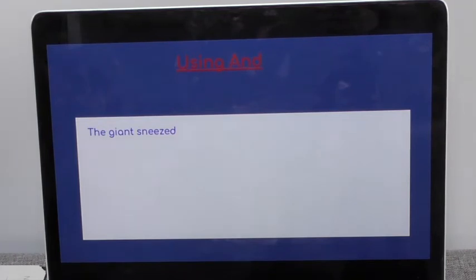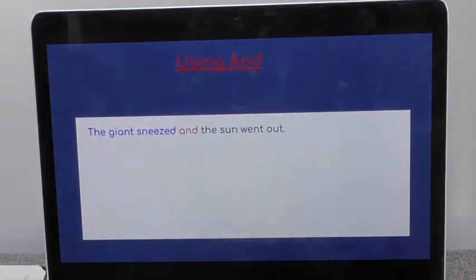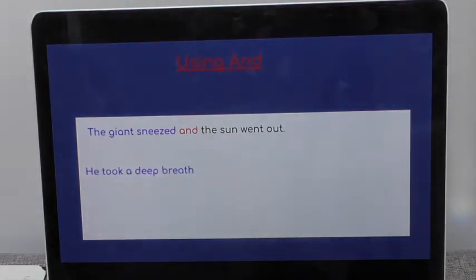So looking at using our word and to add additional information, we've got the giant sneezed and the sun went out. They're both equally important in that sentence. Number 2, he took a deep breath and fire roared out of his mouth.